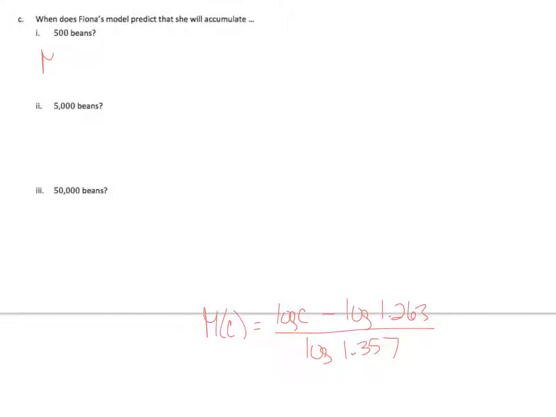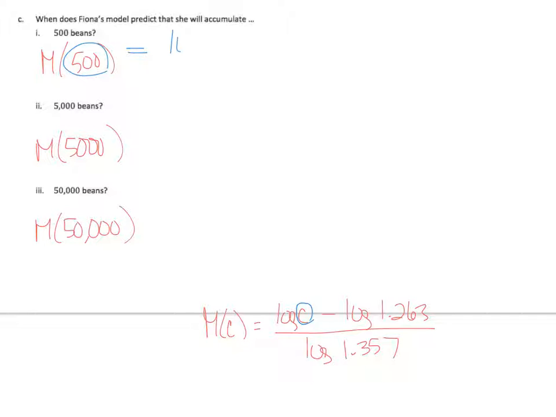So here we're calculating M of 500, M of 5,000, and M of 50,000. You're just substituting 500 in for C. I'm going to write it down this first time, but not the next two. So log of 500 minus log of 1.263 divided by log of 1.357.